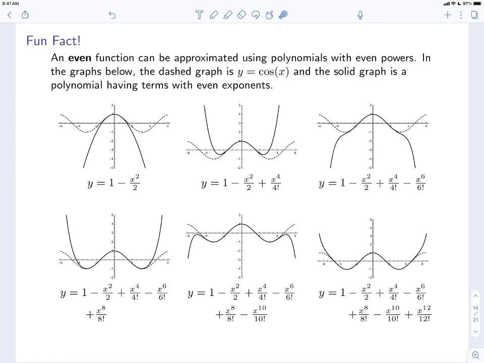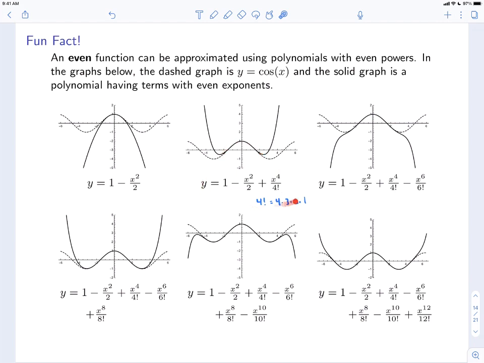So 4 factorial is equal to 4 times 3 times 2 times 1. So the factorials are the product of all of the positive integers less than or equal to 4. And we put that in the denominator there. And this gives us a better approximation.